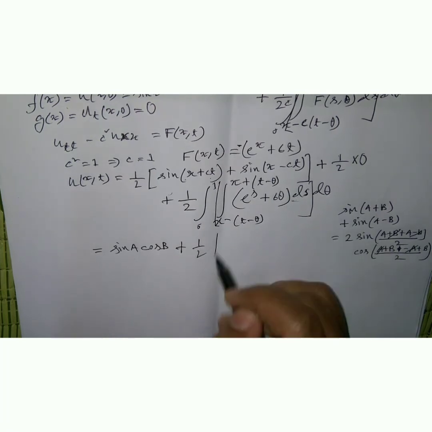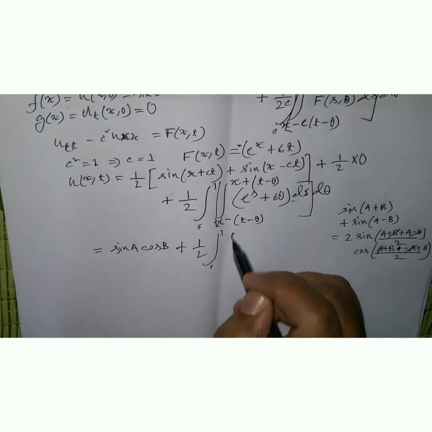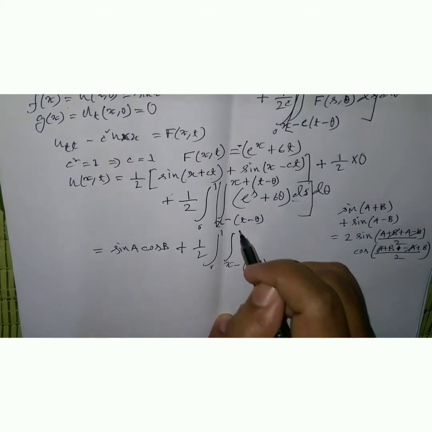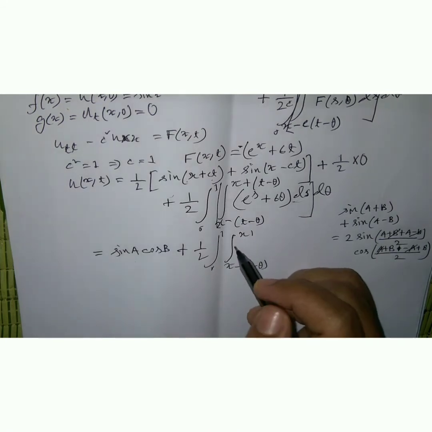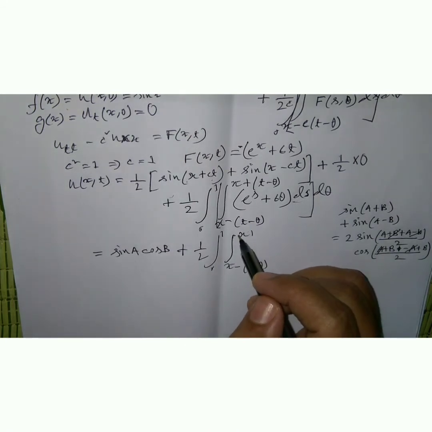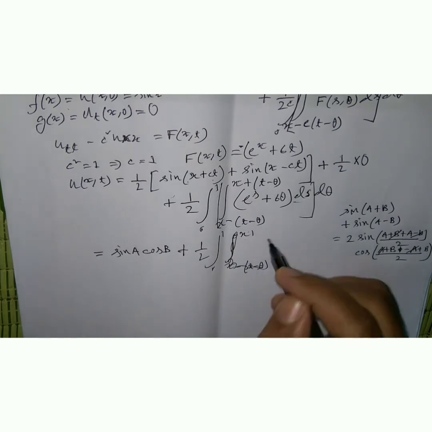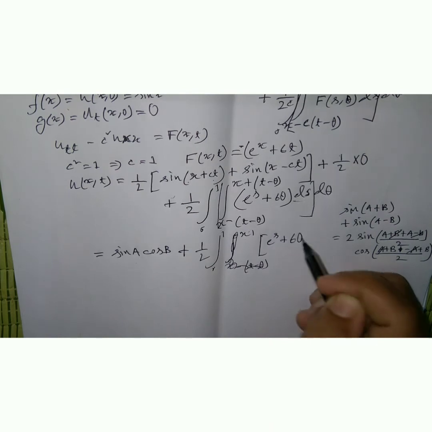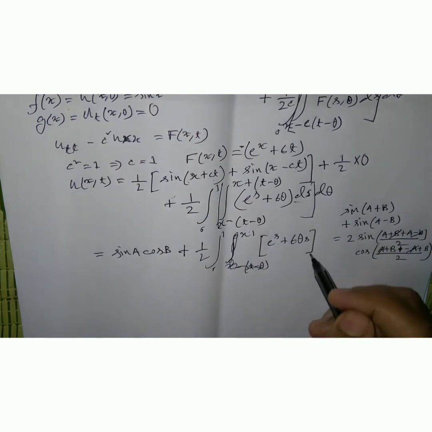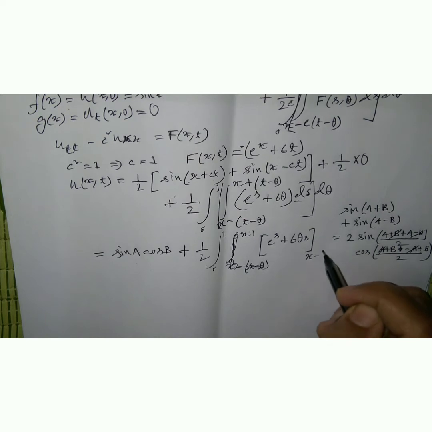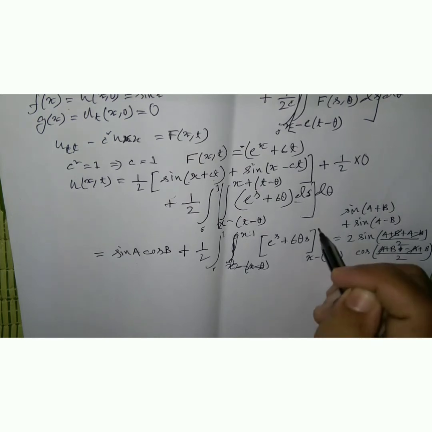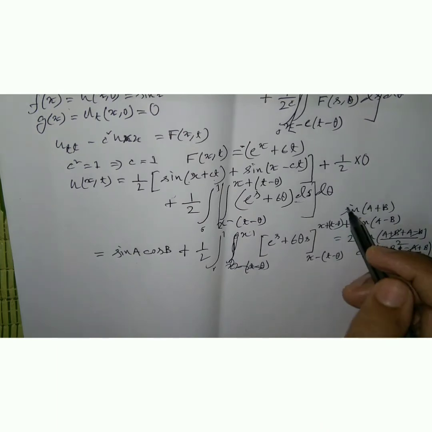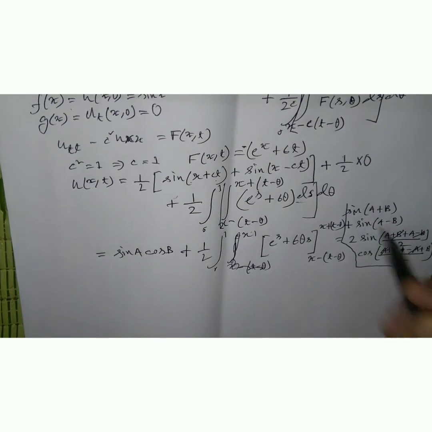Then we get half into the integral from 0 to t. When we integrate, we get e to the power s plus 6 theta s, between x minus (t minus theta) and x plus (t minus theta). This is the value I get.